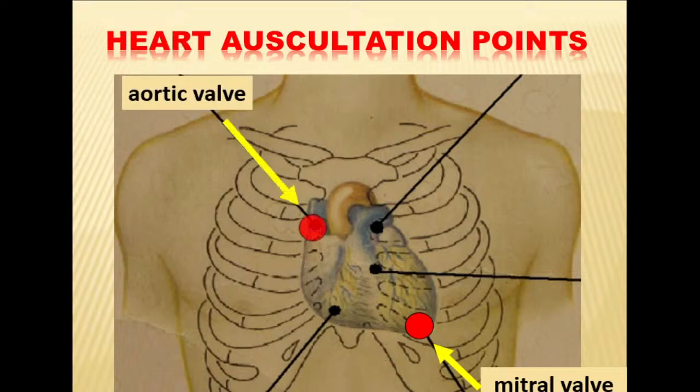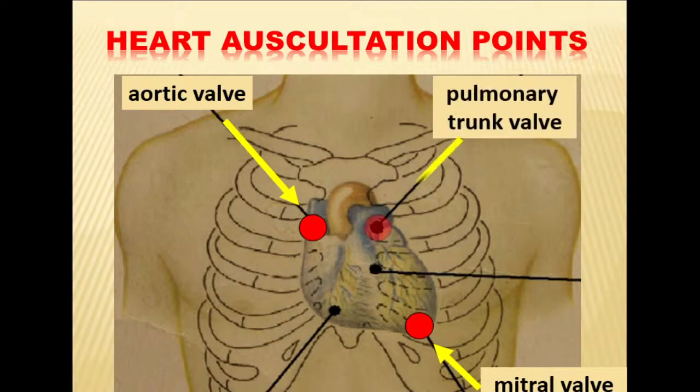Aortic valve, instead, in the middle of the sternum on the level of the third rib, will be auscultated in the second interspace to the right of sternum.